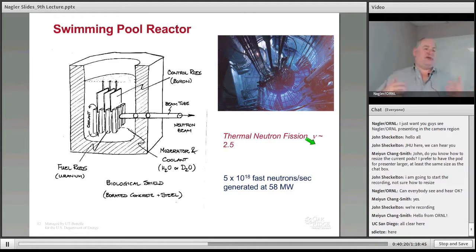Some of the water is there to cool. Some of the water is there to slow down the neutrons. When the neutrons are slowed down, or moderated, the probability of fission is much greater. We have some method of controlling this, which typically involves insertion or removal of some neutron absorbing material.